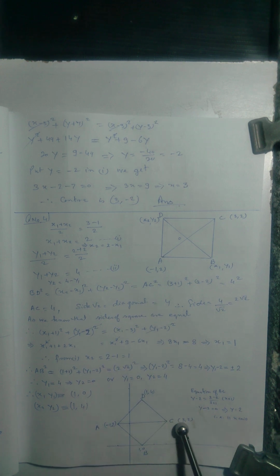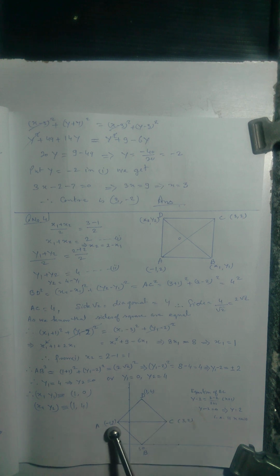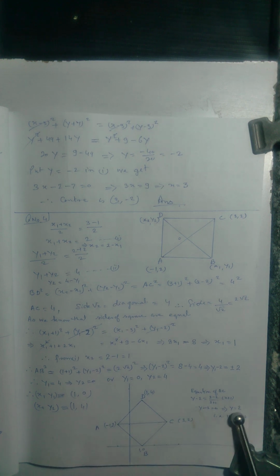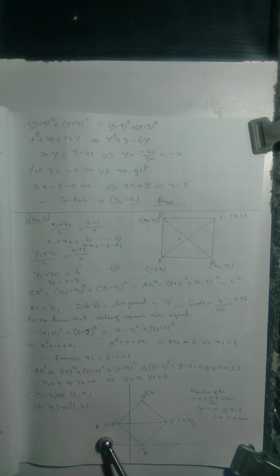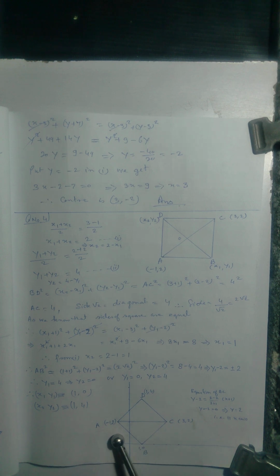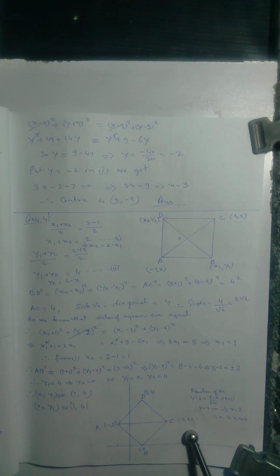Means AC is a line which is parallel to the x-axis, because its equation is y is equal to 2. So I have drawn a line which is passing through minus 1, 2 and 3, 2. This line is parallel to the x-axis.